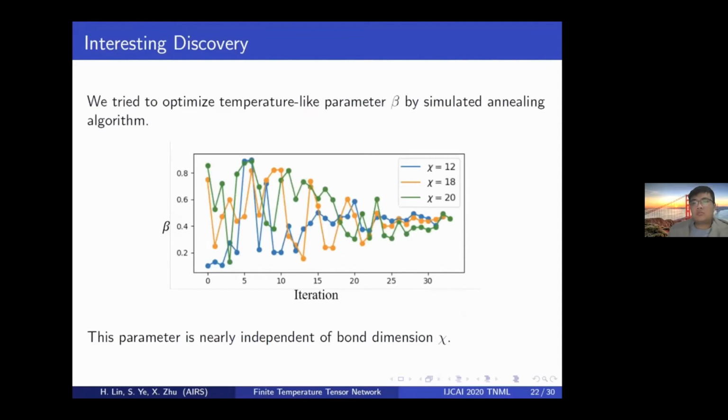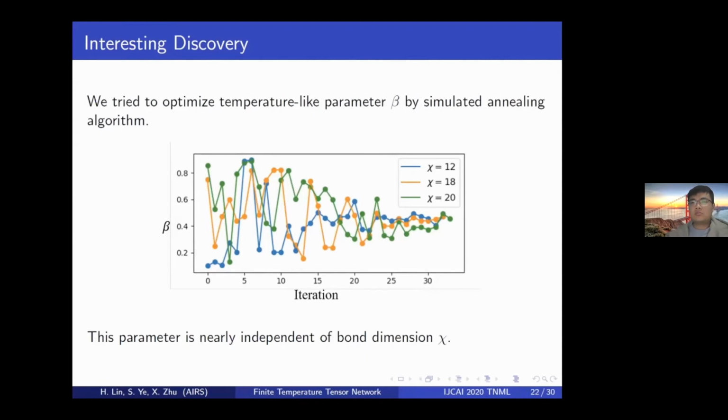I want to share with you some interesting discovery, although it is not the core of this work. As can be seen, compared with the original tensor network framework, our work includes an extra hyperparameter, beta. We tried to optimize it through a simulated annealing algorithm with no change of other parameters, like learning rate, batch size, etc. The temperature-like parameter beta finally converged to a constant despite different settings of bond dimension.